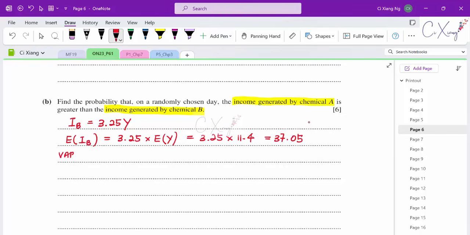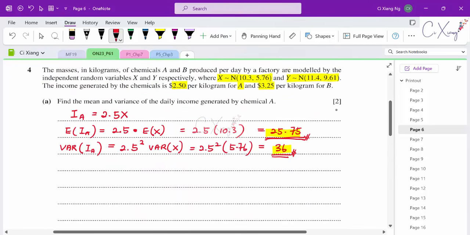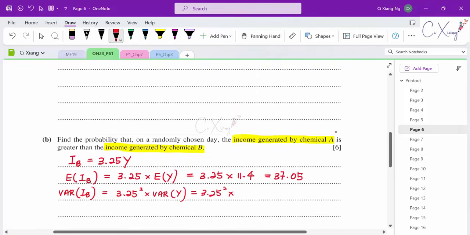Then you can calculate also the variance. When you want to take out 3.25 from the variance, you have to square it. So multiply with variance of Y. So you're having 3.25 square. Look for the variance of Y here. It should be 9.61.